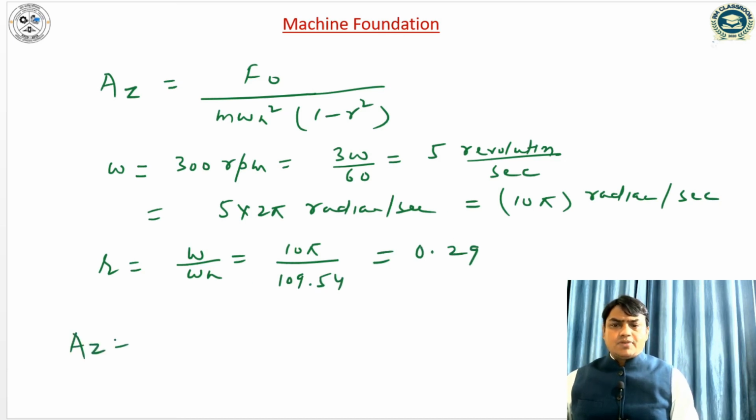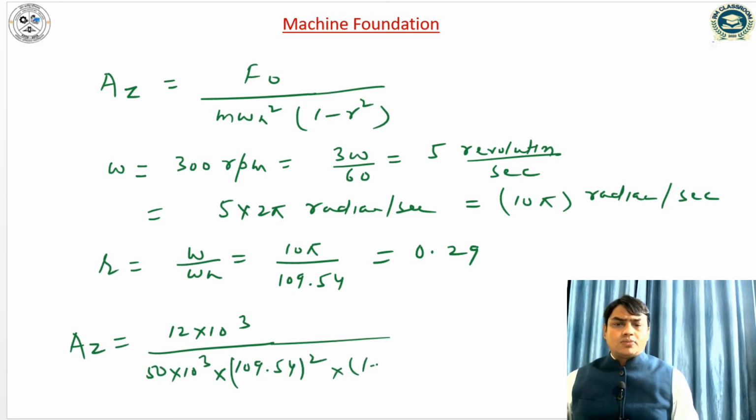So maximum amplitude is equal to unbalanced force 12 kilonewton, so 12 into 10 to the power 3 divided by 50 into 10 to the power 3 into omega n, 109.54 whole square, into 1 minus 0.29 whole square.